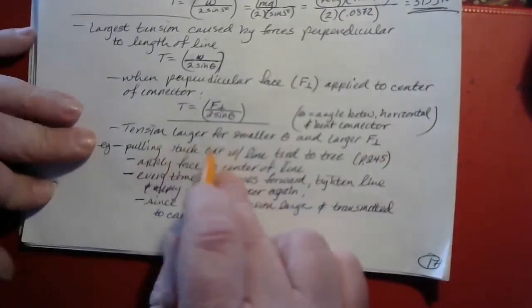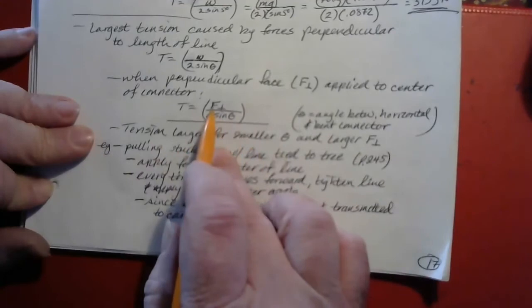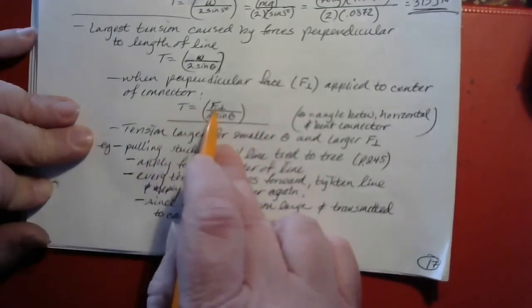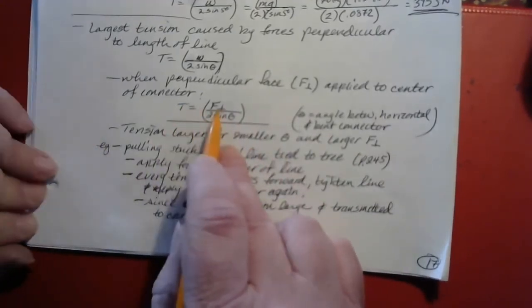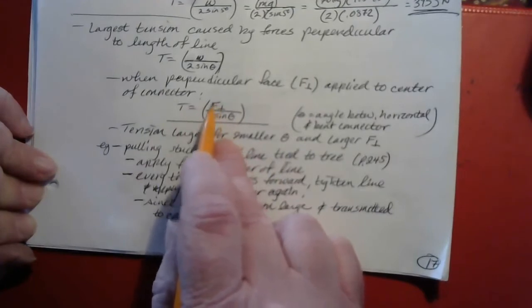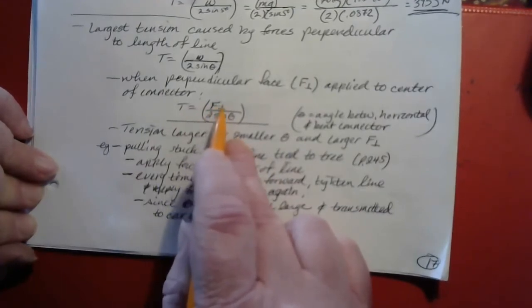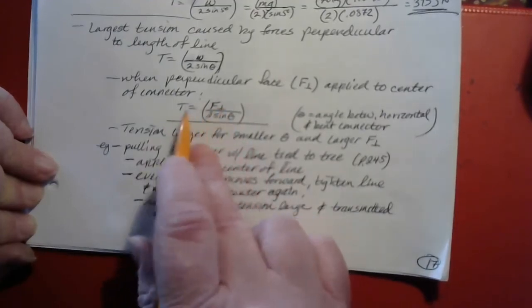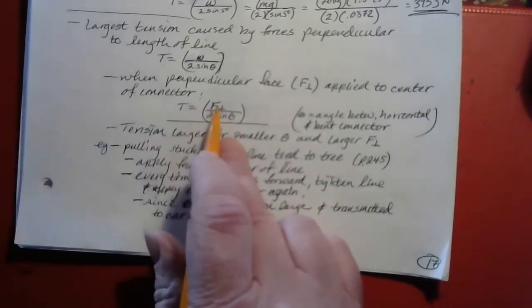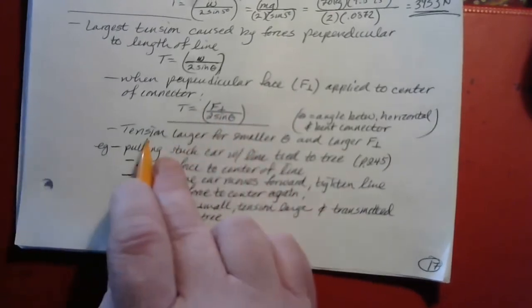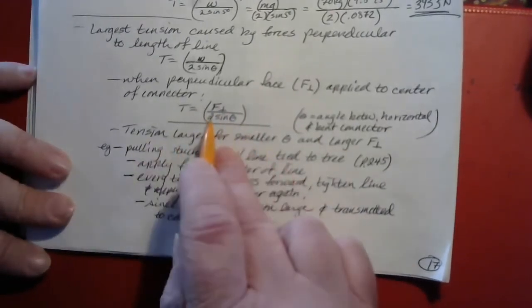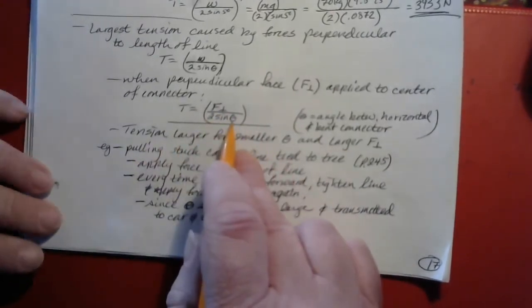Just looking at the equation, the tension would be larger for larger magnitudes of the perpendicular force, and assuming that the perpendicular force doesn't change, the tension would actually also be larger for smaller values of theta.